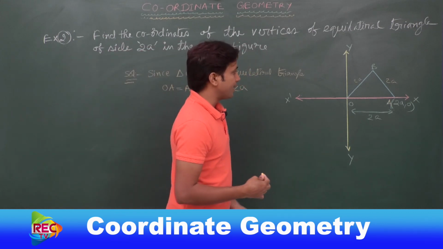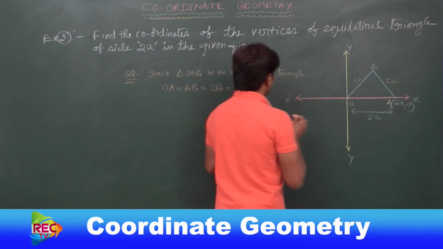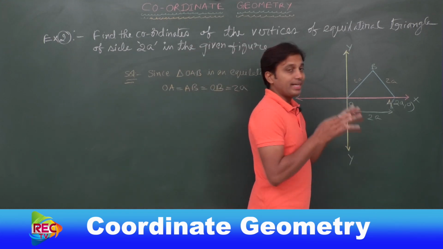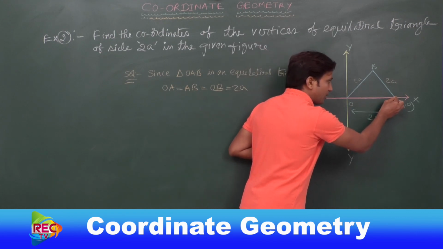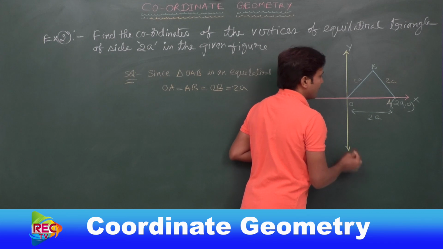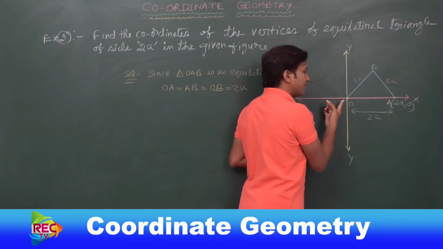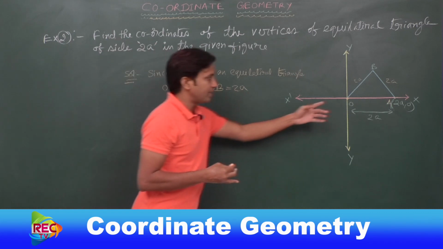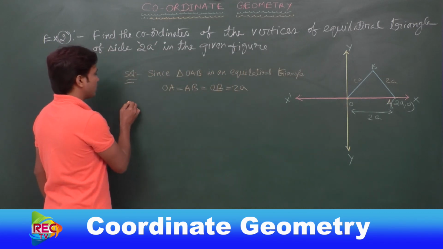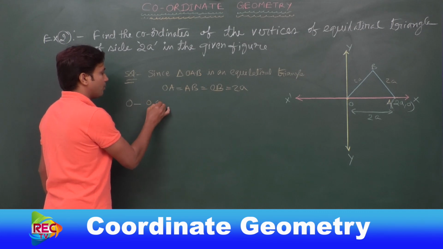Now first, we need to get all the vertices. This is one vertex which is given, 2a comma 0, and another vertex is obviously the origin. So the second vertex O is 0 comma 0.